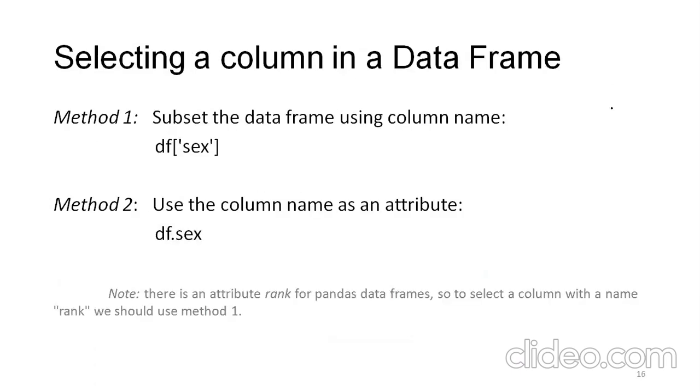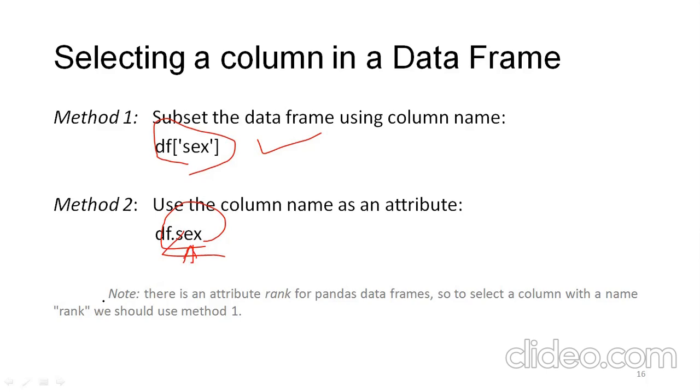Here, if I want to subset, to extract the column sex from the data frame, I can use square brackets followed by the column name. Or, since Python is an object oriented language, if you give the dot operator, it will list all the available attributes and methods of that particular object. So we can access the column name this way also.